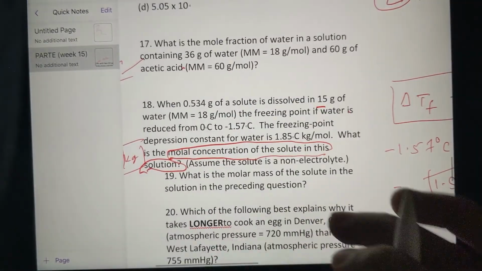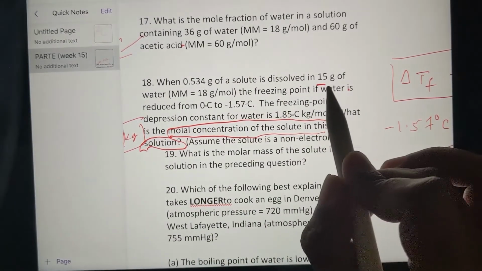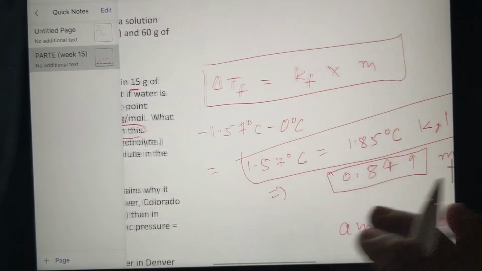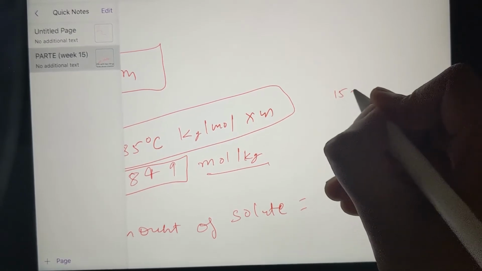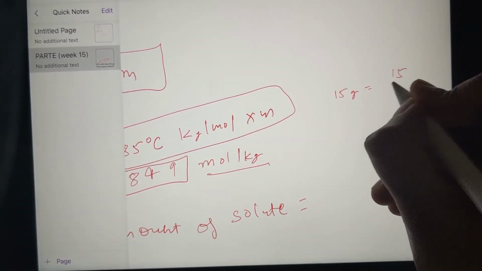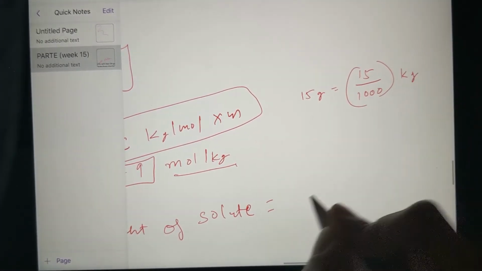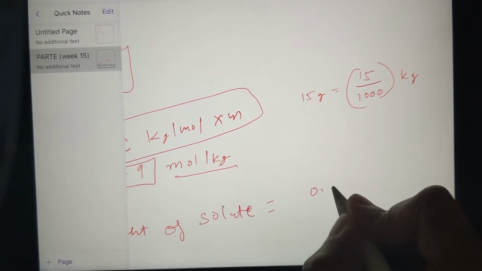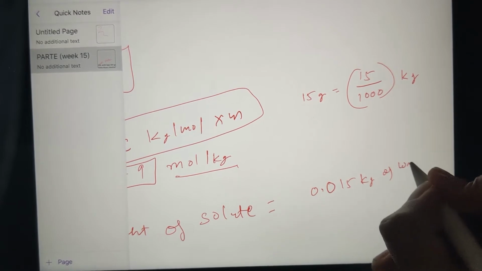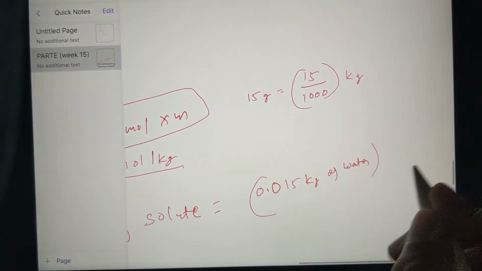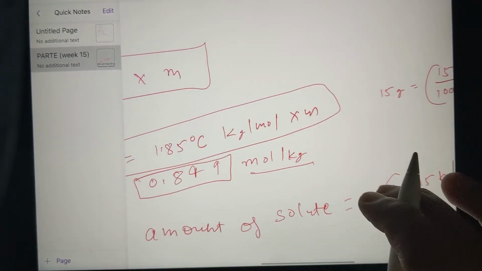So how much are you taking? You're dissolving in 15 gram of water. So 15 gram is 15 divided by 1000 kilograms. So you get around 0.015 kg of water. So multiply this by this molality, 0.849.